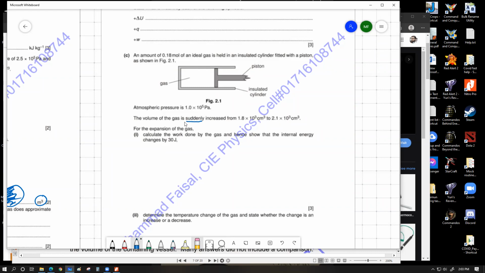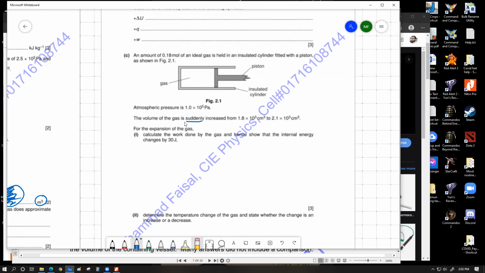If you don't know what that word is, it simply means that the process is going to be so fast that no heat energy of the system can leave the system, and no heat energy from the outside is going to get into the system. So only the work done, or physical work done, is going to be our actual energy input or output. That's the key idea for suddenly.